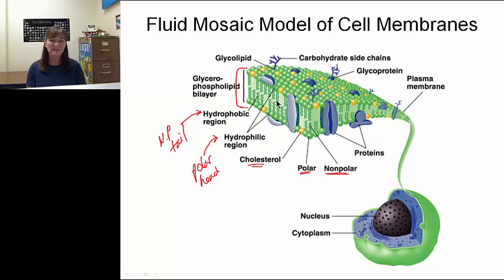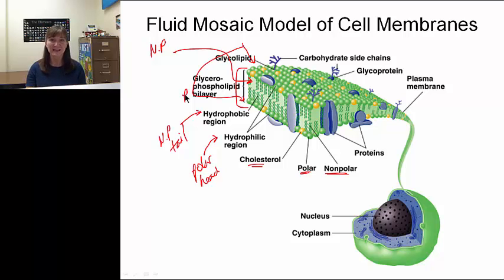So it's important to know that on the inside of the lipid bilayer, right in here, is the nonpolar region, or the hydrophobic region. On the outside of the cell and on the inside of the cell is the polar region, the polar heads. So you have to read carefully: are they talking about the inside of the cell, or the inside of the bilayer?